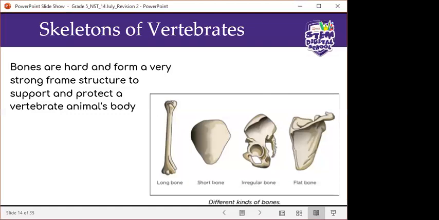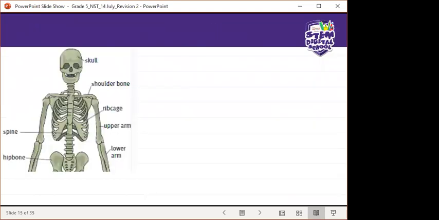Okay, so guys, as we have mentioned, these are the different kinds of bones that we find in vertebrates. Here we have an example of a vertebrate, which is a human being. A human being has a skull, a shoulder bone, a rib cage, an upper arm, lower arm, hip bones and a spine, which is located at the back.